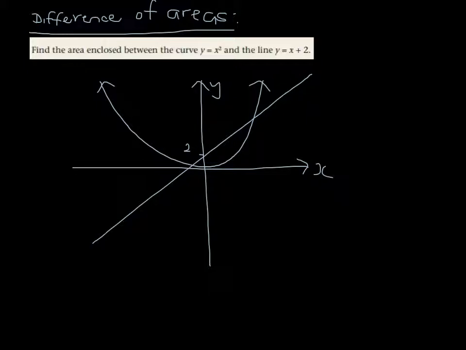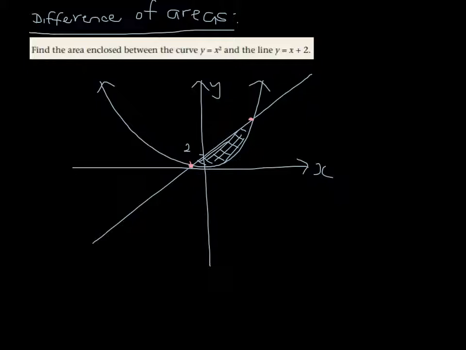So I'm going to do that in blue. That's just the area between those two curves. When you've got an area like this, that's entirely between two curves, going from this point here, which we need to find, to that point, then we minus the two areas.